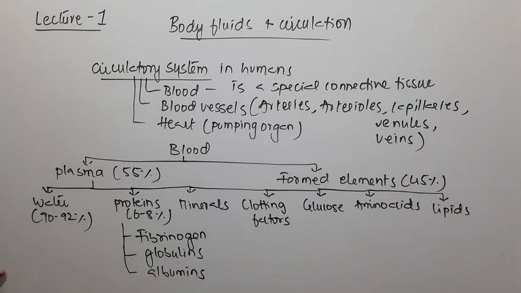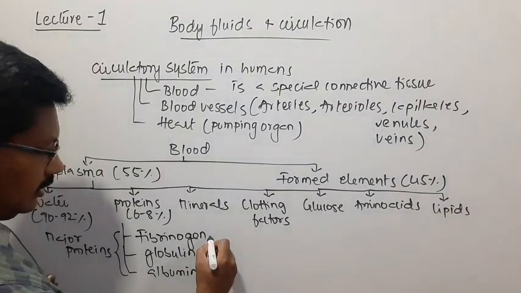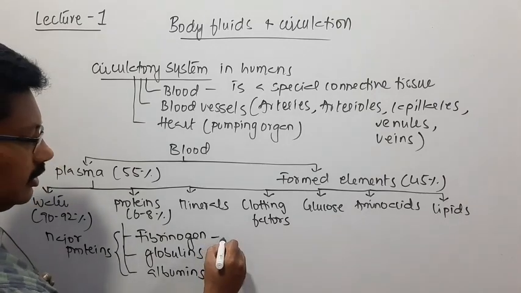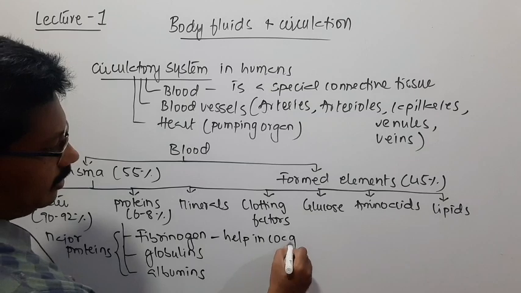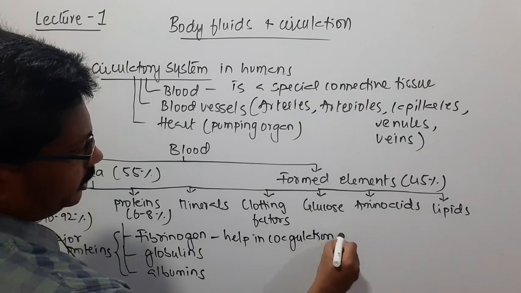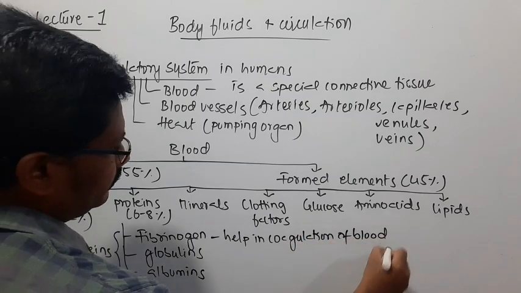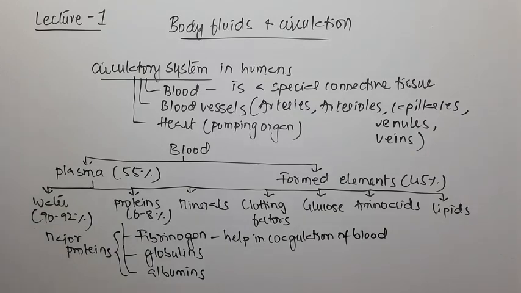So these are the major proteins. These fibrinogens are the ones which help in coagulation of blood, which means the clotting of blood whenever there is an injury.